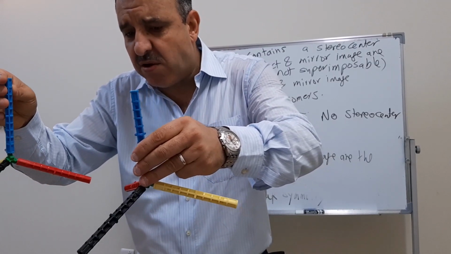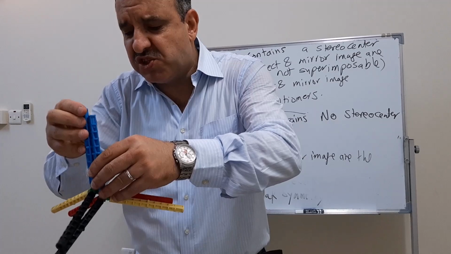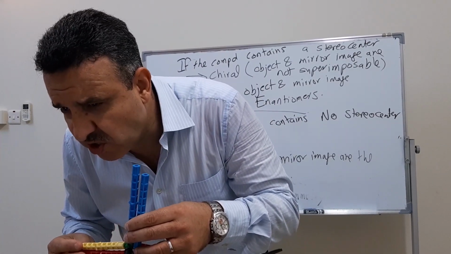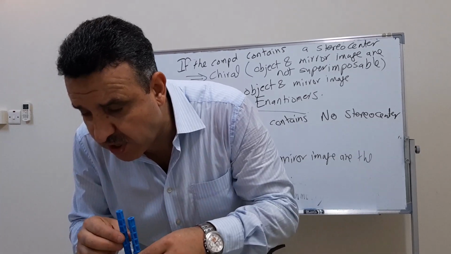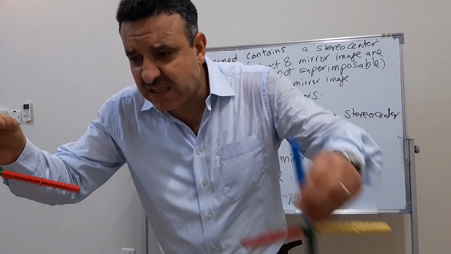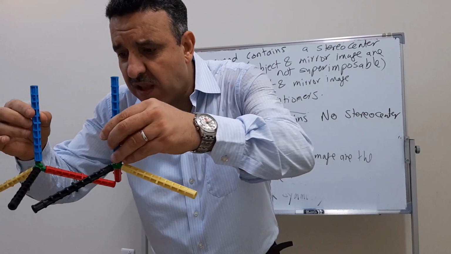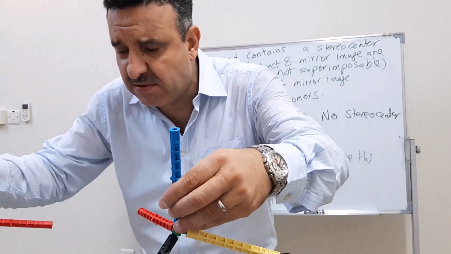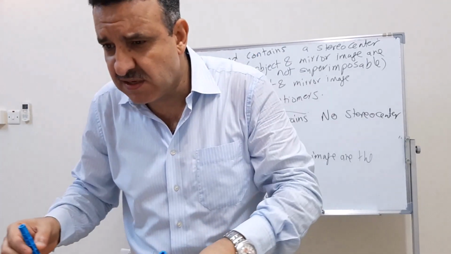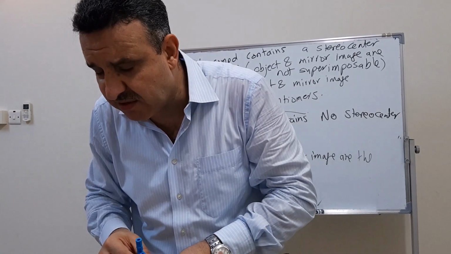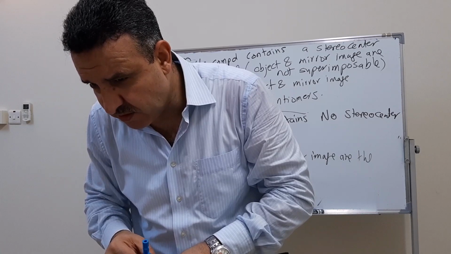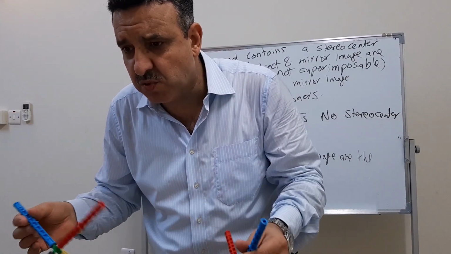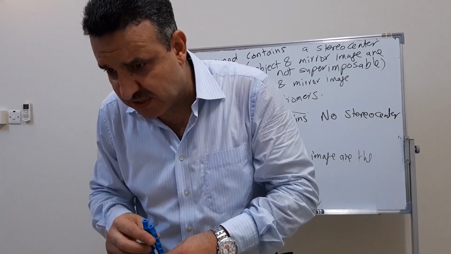If you try now to superimpose these two molecules, they will never superimpose. Therefore, this object and its mirror image, we call them enantiomers. They are different compounds. They have different physical properties. Do you follow me? So they are totally different compounds, and these are actually two stereoisomers in this case.